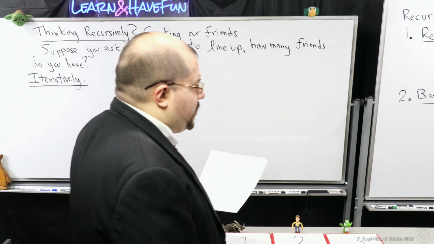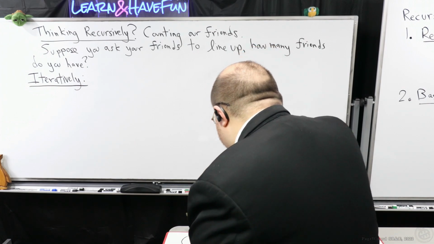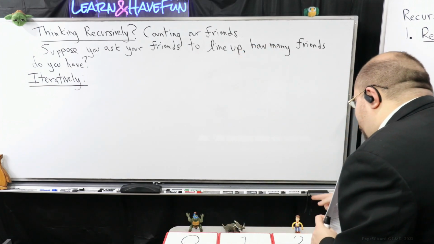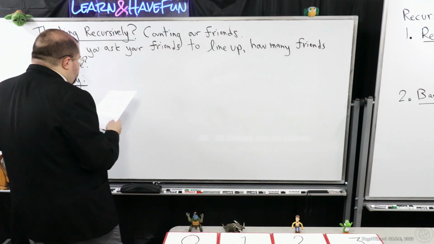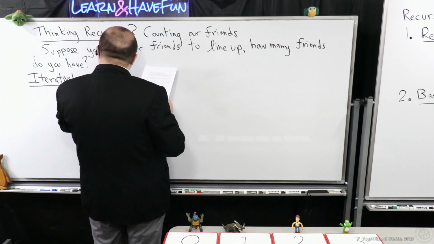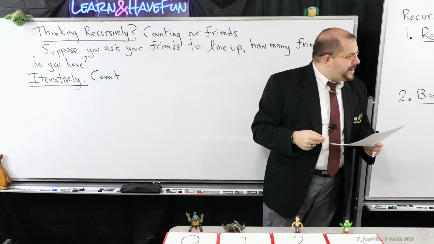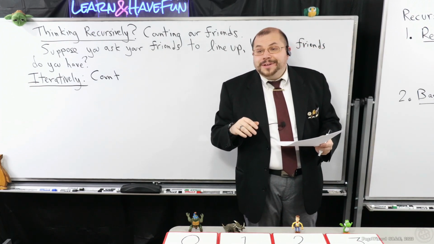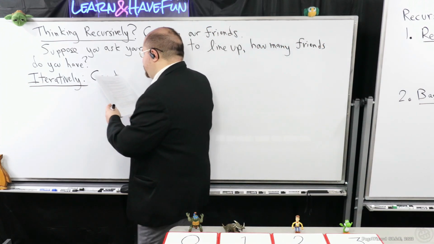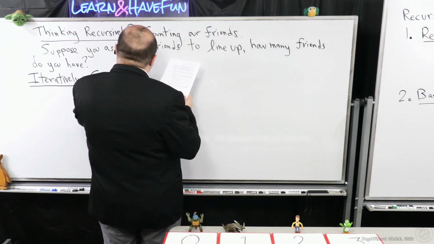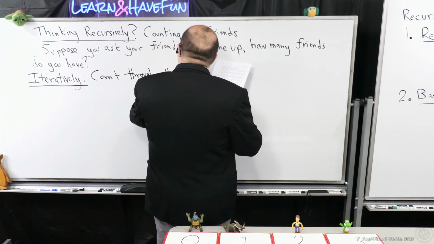I could examine each one of these, put a tick on my piece of paper, and keep a running total of how many friends I've tallied up. This is how you might solve this problem iteratively. Whatever you get at the end, when you have your whole running total, you return that number. It's pretty natural, right? You just count through all your friends.